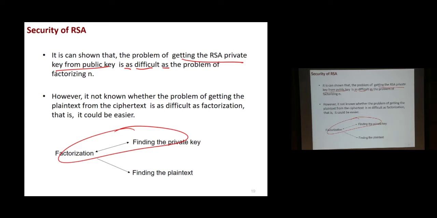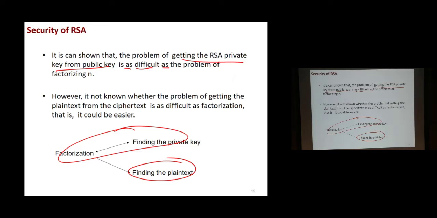Now there's a question: I want to find the plain text. Is this problem as difficult as factorization? It turned out that the whole community tried to prove it, but they cannot prove that finding the plain text is as difficult as factorization.